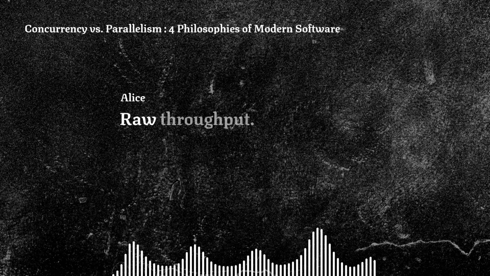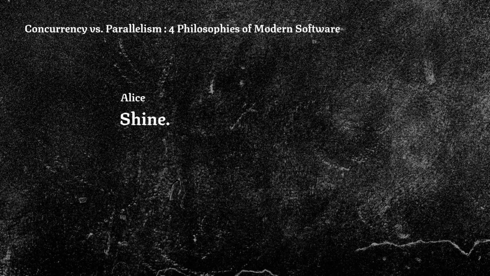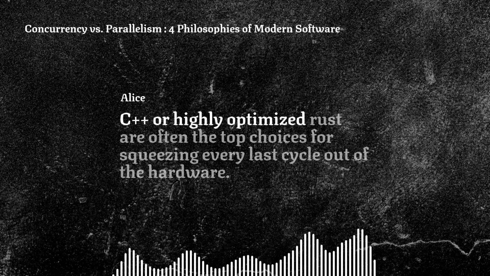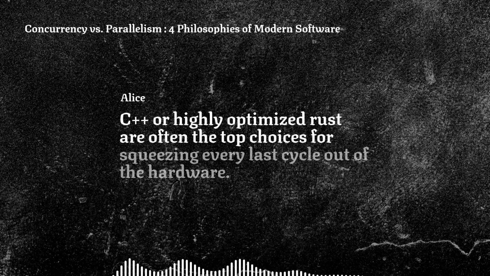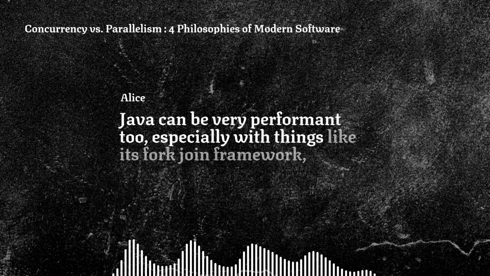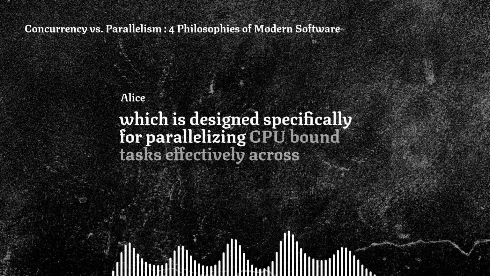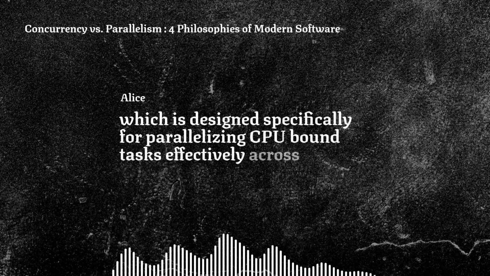Yep. Raw throughput. And this is where the languages designed for performance shine. C++ or highly optimized Rust are often the top choices for squeezing every last cycle out of the hardware. What about Java? Java can be very performant too, especially with things like its fork/join framework, which is designed specifically for parallelizing CPU-bound tasks effectively across cores.